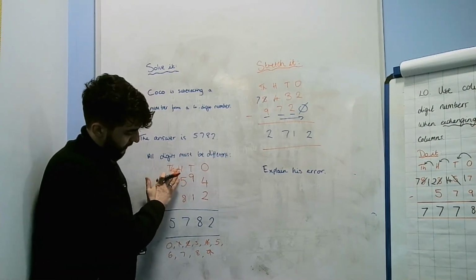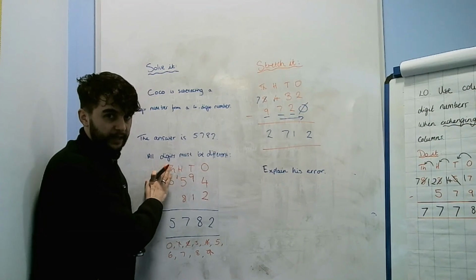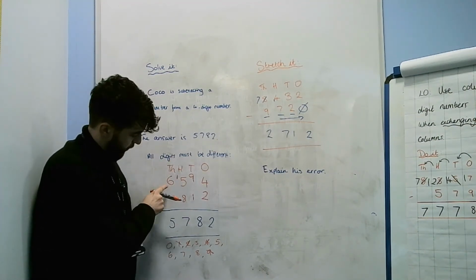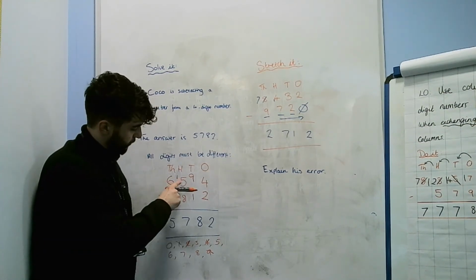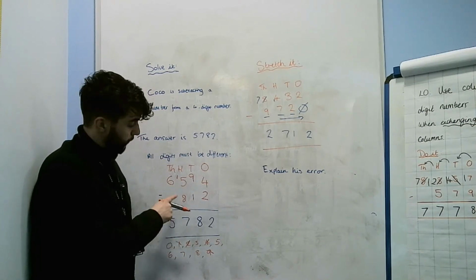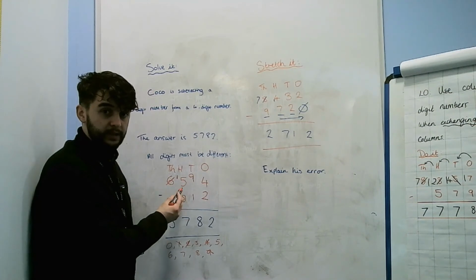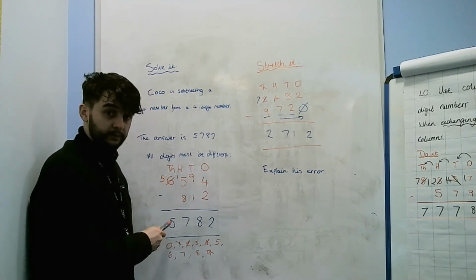If I put a 5 there, 5 subtract 8 you can't do. But 15 subtract 8 you can do, will give you 7. If I put 5 here though, and I subtract the 1,000 and exchange it, I'm going to get the answer 4. Won't work. If I put a 6 though, and I take 1,000 off and bring it over to the hundreds, I'm now left with 5. And 5 subtract nothing is 5.